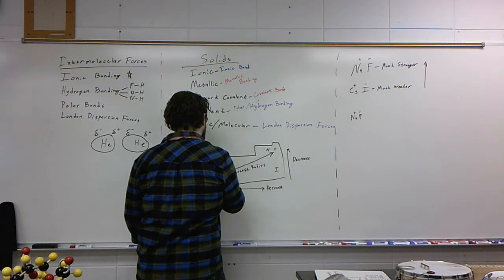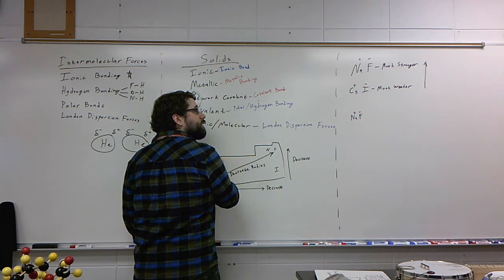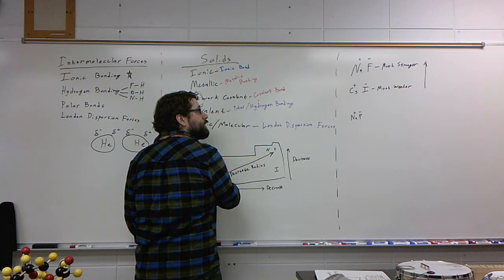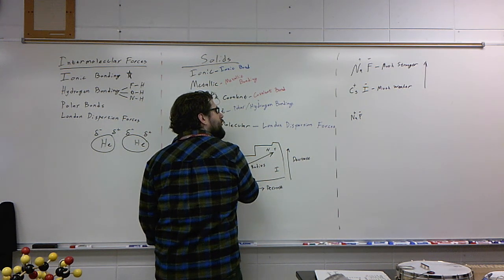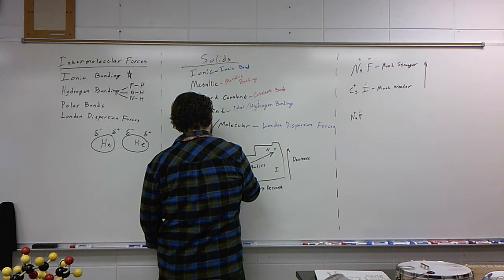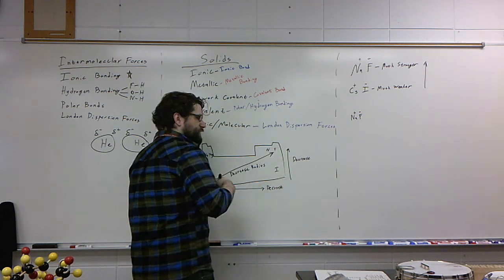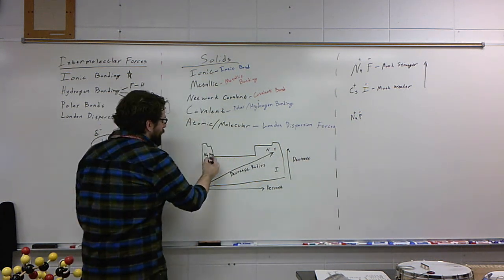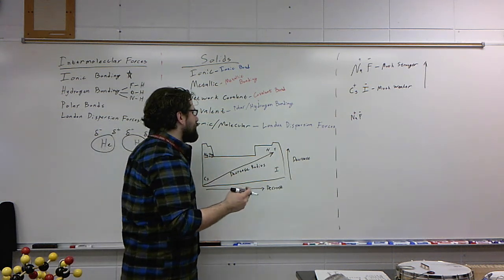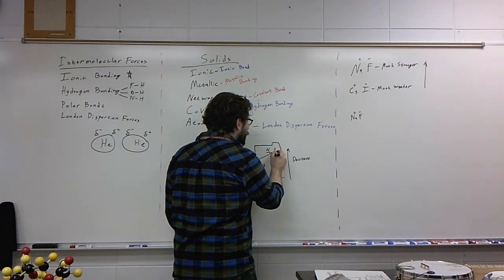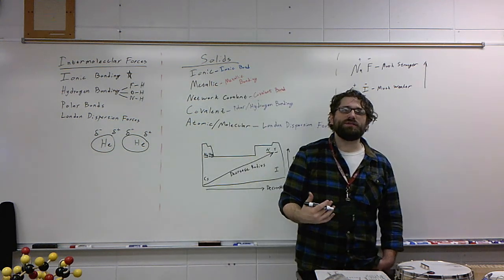Nitrogen right here, and then let's do magnesium, sorry, figured it out. So magnesium and sodium have a very similar ionic radius. Nitrogen and fluorine are going to have a very similar ionic radius.